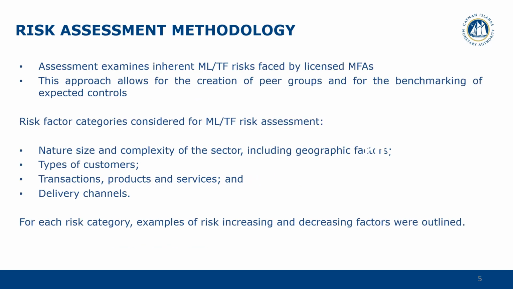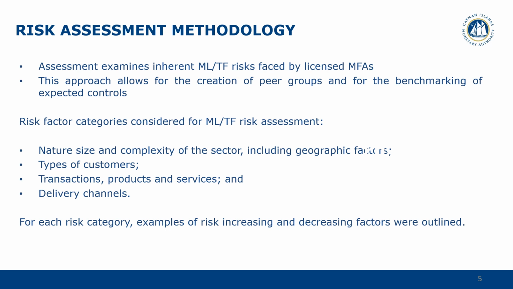So what was the methodology behind this risk assessment in broad terms? Predominantly, this looks at the inherent money laundering terrorist financing risks faced by MFAs. This approach allows for the creation of peer groups and for benchmarking of expected controls. It doesn't take into account mitigating factors such as systems and controls.